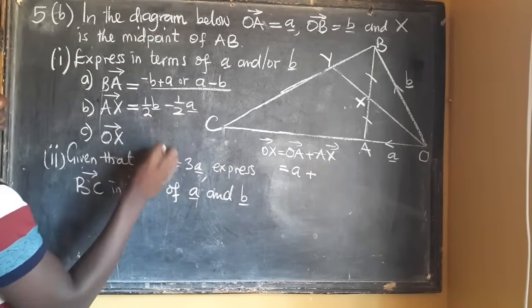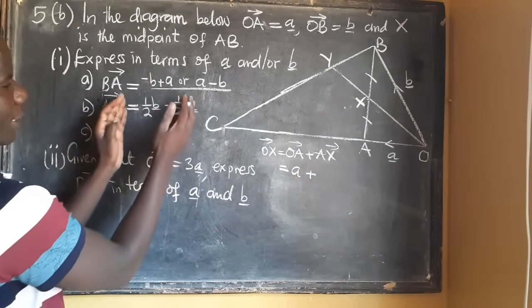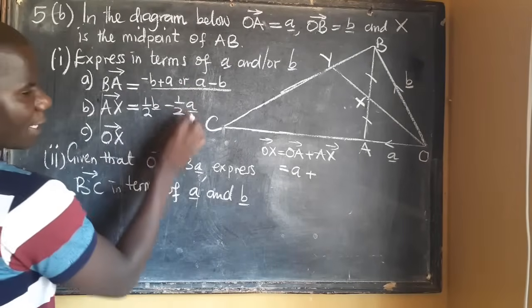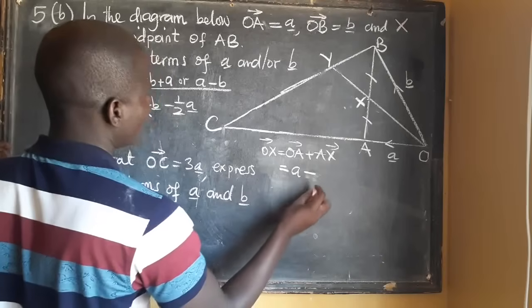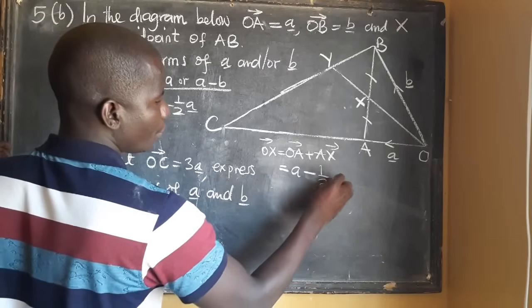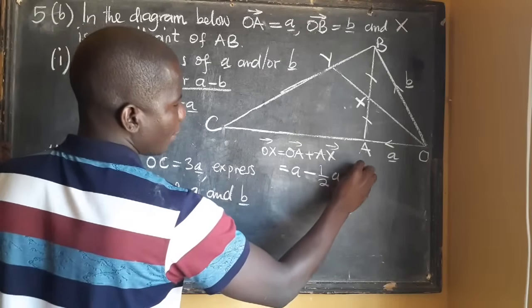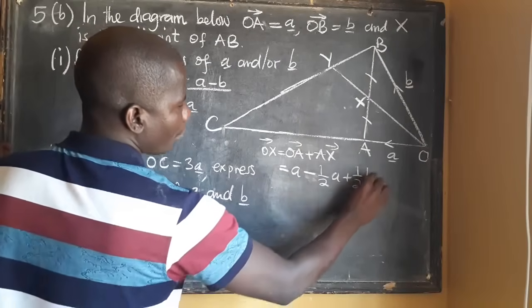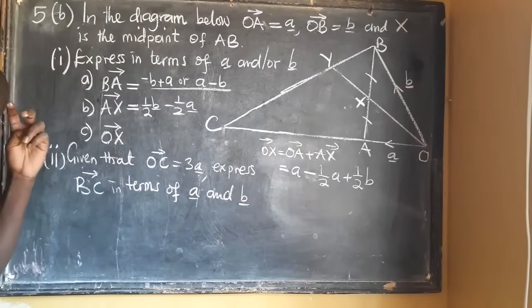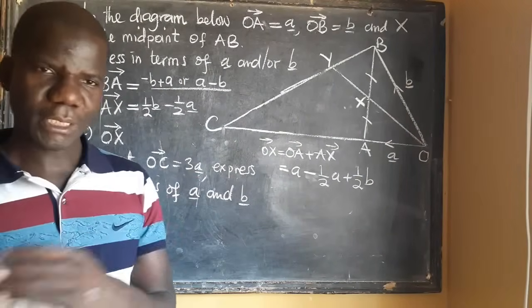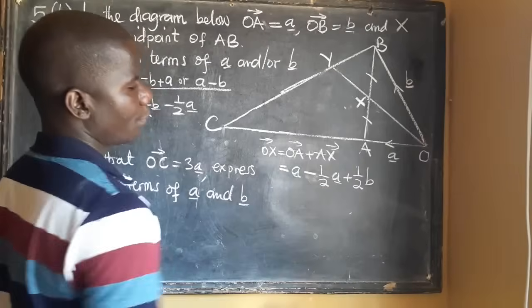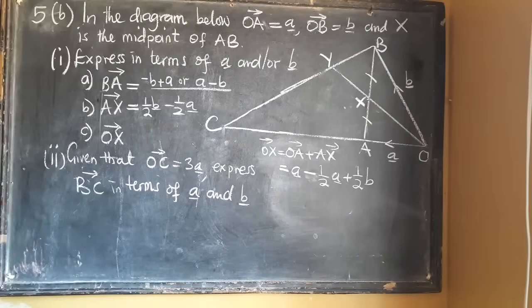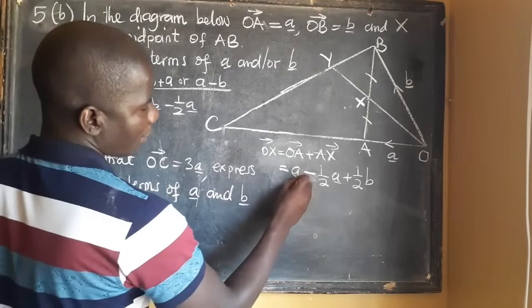So I'll just rearrange it. I'll start with this part and bring it here as minus 1 over 2A, then plus 1 over 2B. I've done this because I want to put the like terms together. We have an A here, so it's better. We also put this one here. Now these are like terms, so we can simplify.